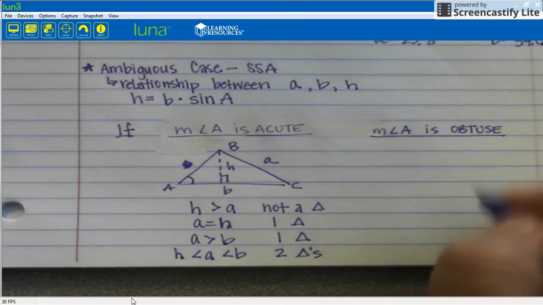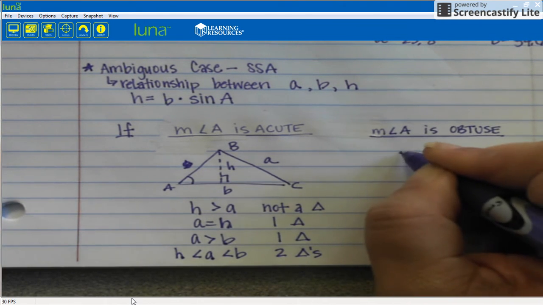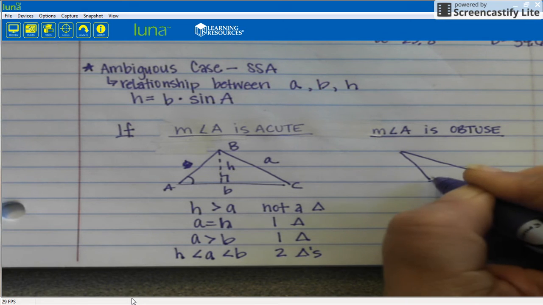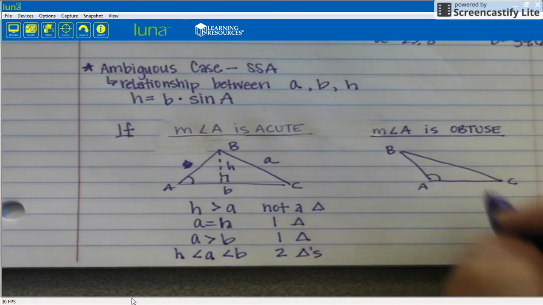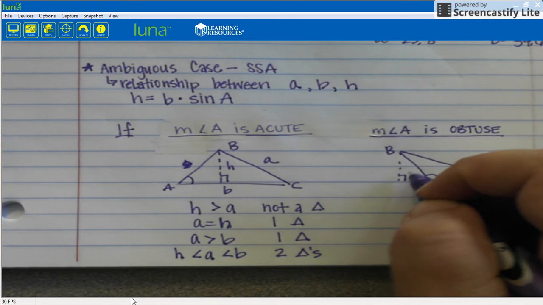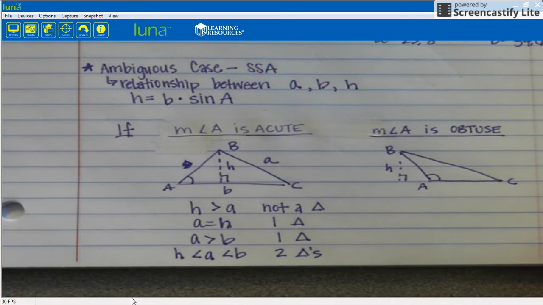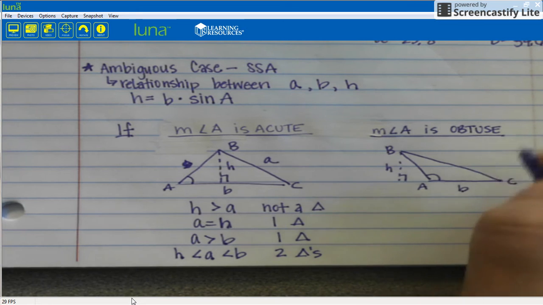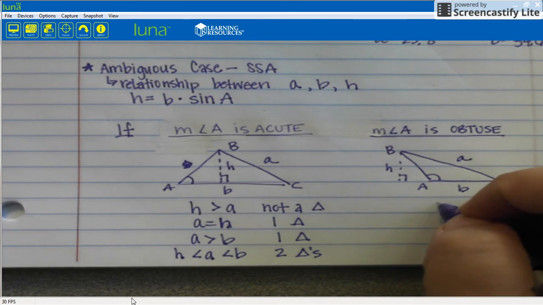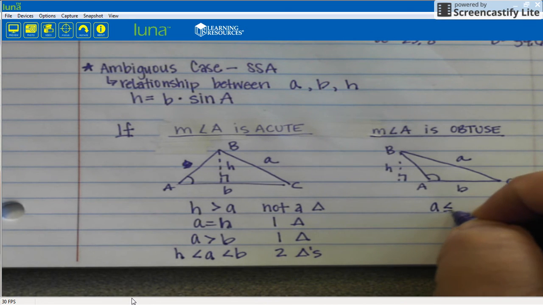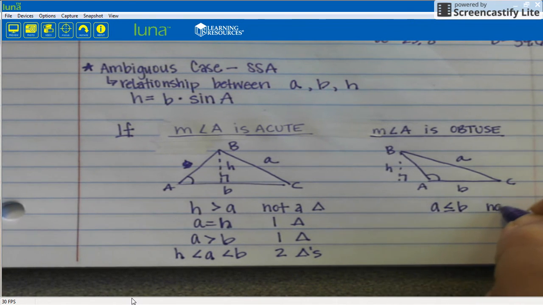In the event that A is obtuse, then your height falls outside of your triangle from B. And if your angle is obtuse and your A is less than or equal to B, then you're not a triangle.